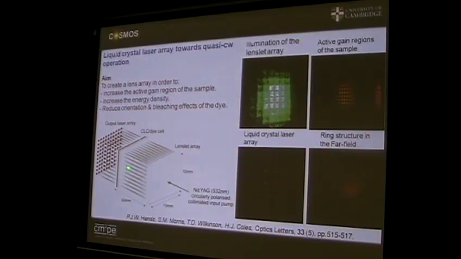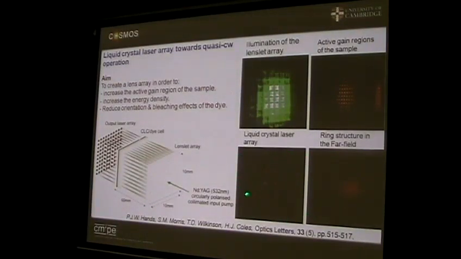I beg your pardon, this one's 100 by 100. Each of those spots in the chiral nematic diode lasers will give you an output, again 10 by 10. And those are actually some pictures of what you see. That's the array being illuminated. This would be some of the early versions of the arrays. That is what you see if you look at the surface of the laser, and that's actually the output.